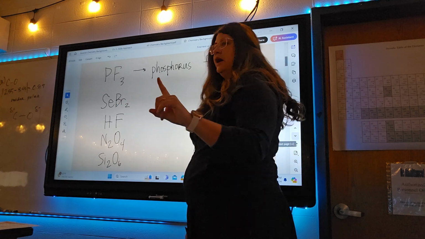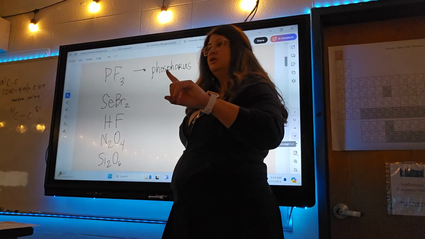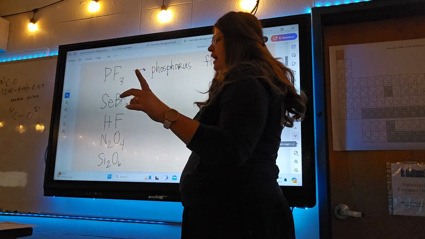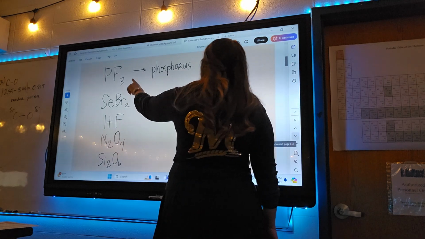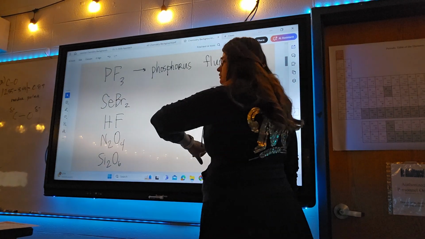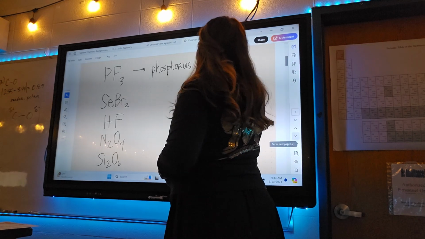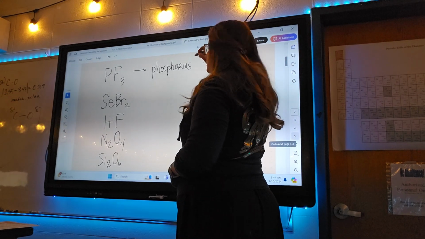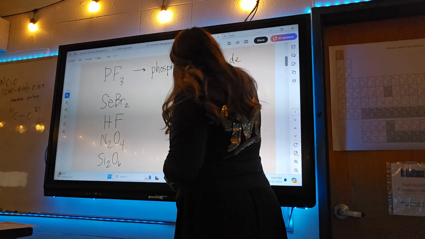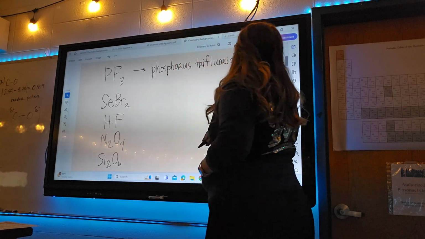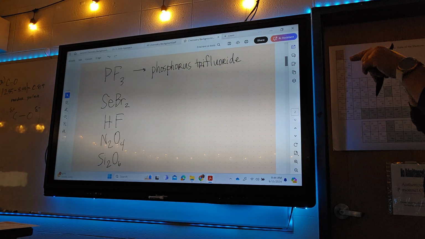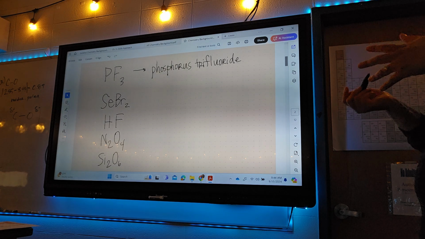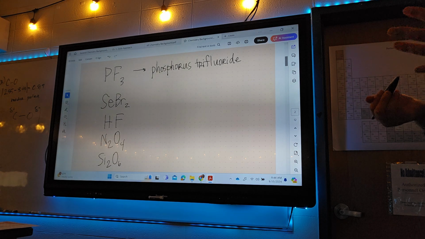1. So do we write mono in front of it? Well, we can, but we'll have to erase it. So I'm going to leave off the mono here. But how many fluorines are there? 3. So what's the prefix for 3? Tri. And that becomes one word. So my compound's name should be phosphorus trifluoride.